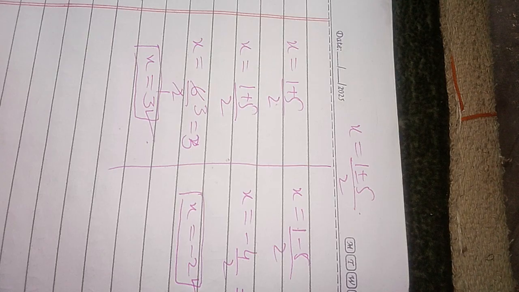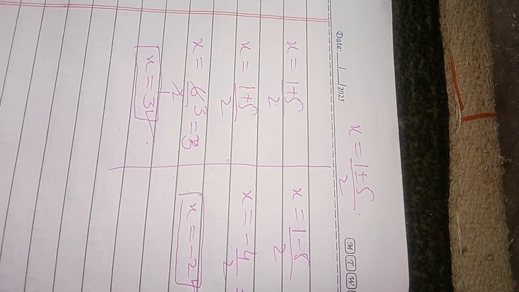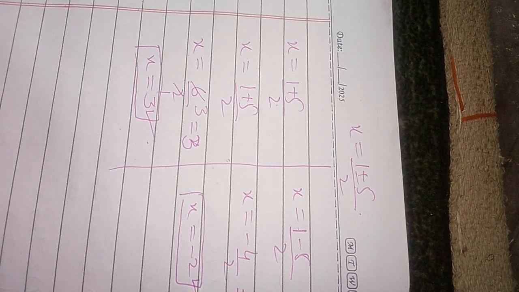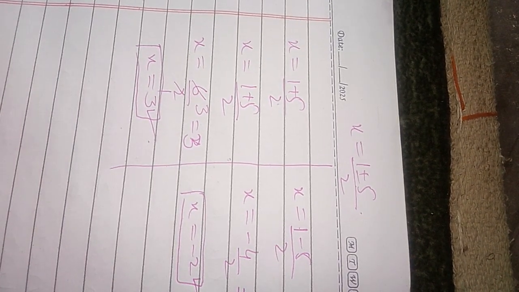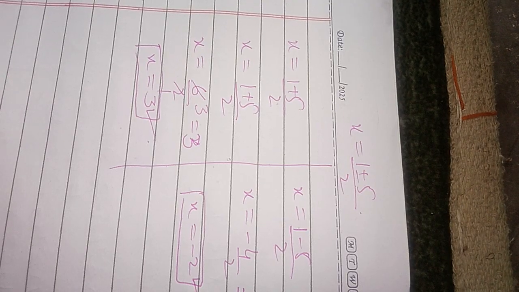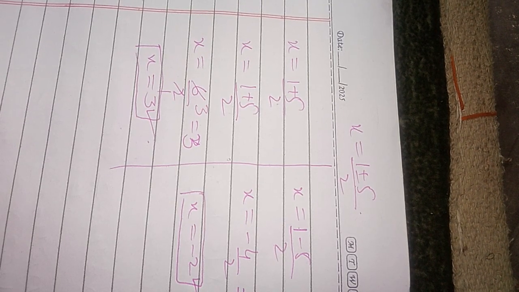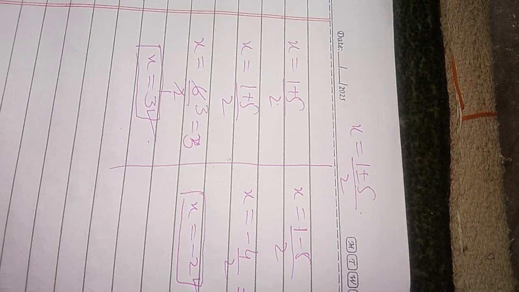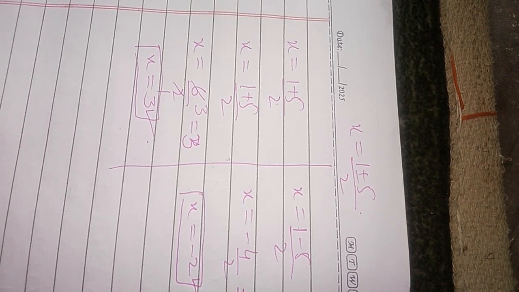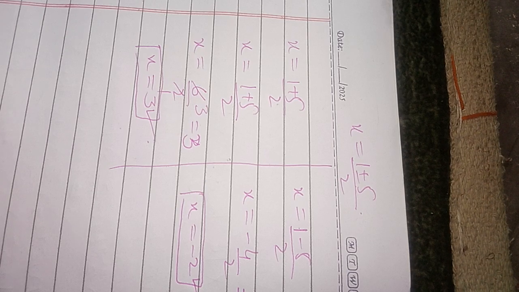Now let's solve this equation by the method of the quadratic formula. We say that the quadratic formula is also called the middle term formula. Let's solve it by the middle term formula. What we know is that the answers in the quadratic formula and the answers in the middle term formula are the same.